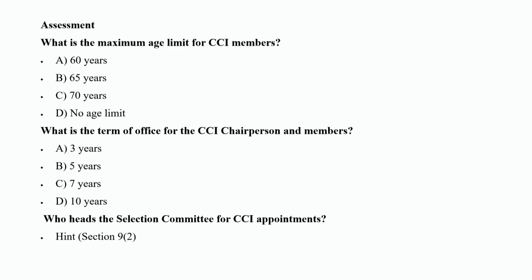So with this, you may assess yourself with these questions on the basis of today's session. In today's session, we have discussed only two things. First, who are the authorities under the Act, and second, the first authority, that is CCI.